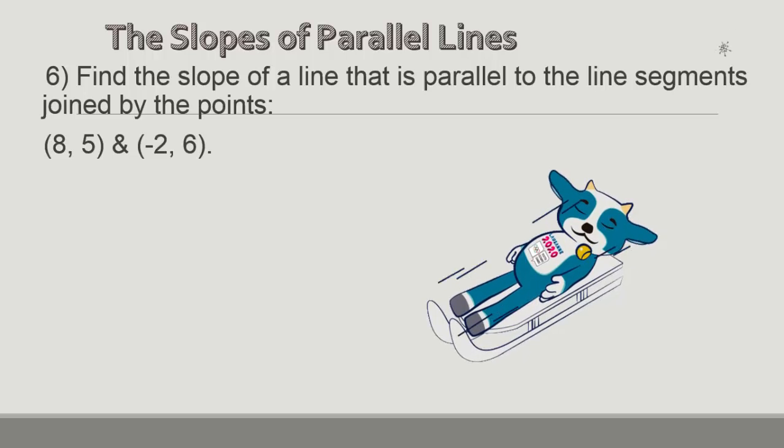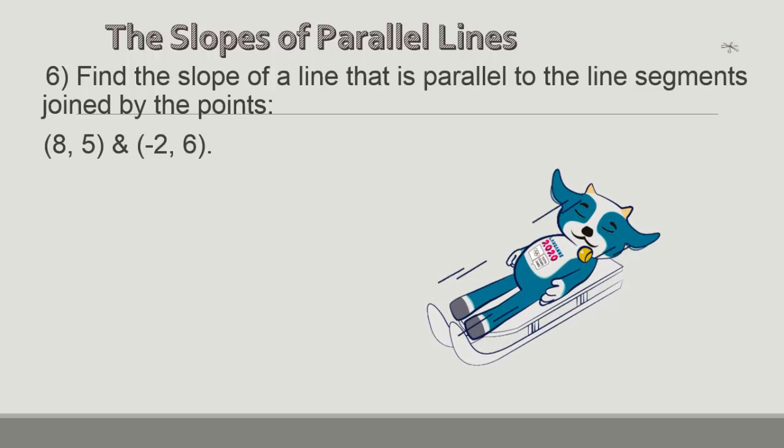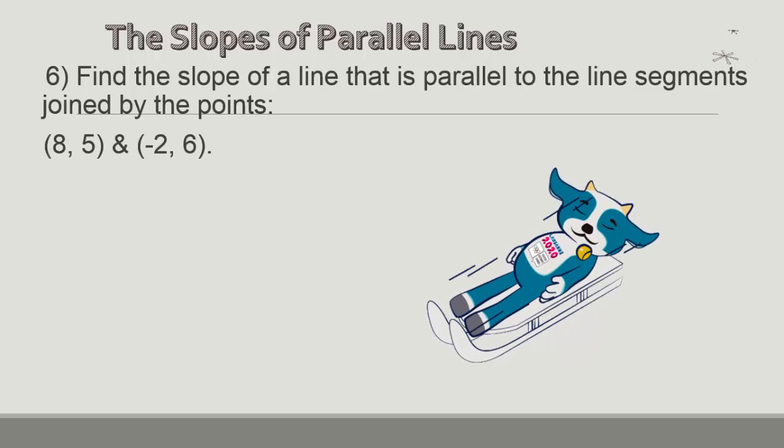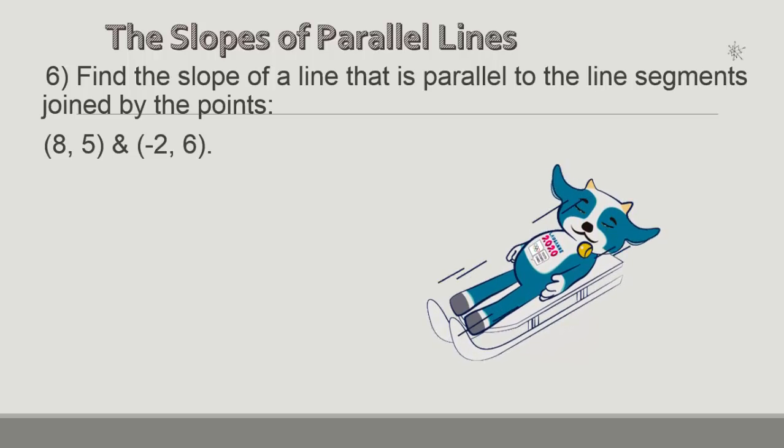In example number 6, we're asked to find the slope of a line that is parallel to the line segment joined by the points (8, 5) and (-2, 6). So let us go over to the whiteboard and work this out.